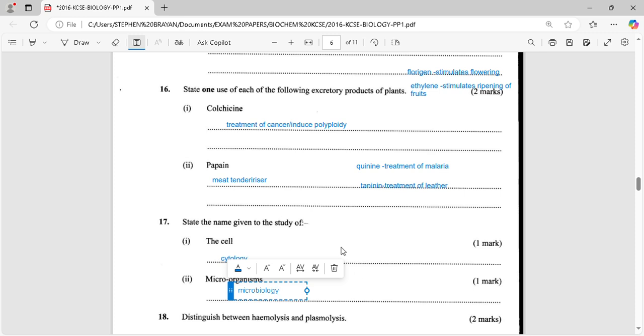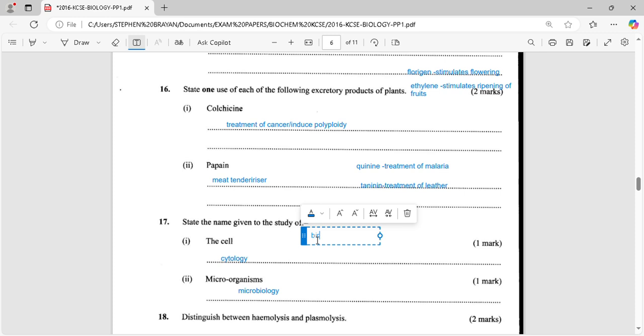There are also other studies that you need to know, like study of birds. The study of birds is called ornithology. Then there is also study of fish.